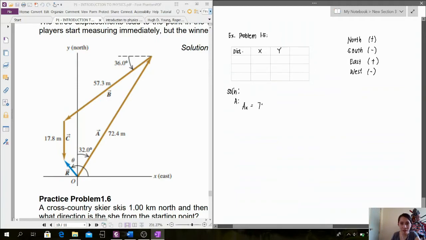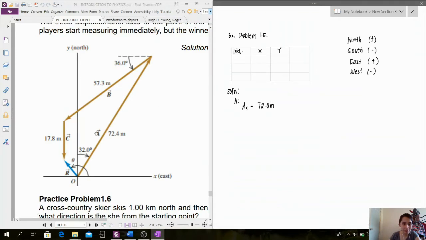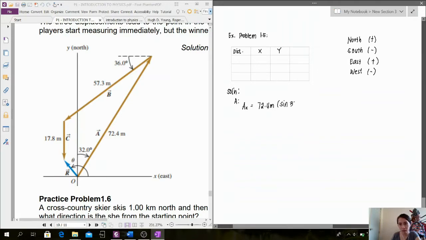We have 72.4 meters as the hypotenuse, and we are going to use the sine function since the x component of this vector is opposite to the 32-degree angle. So A sub x is 72.4 meters times sine 32.0 degrees. As for the y component, we have 72.4 meters times cosine 32.0 degrees.